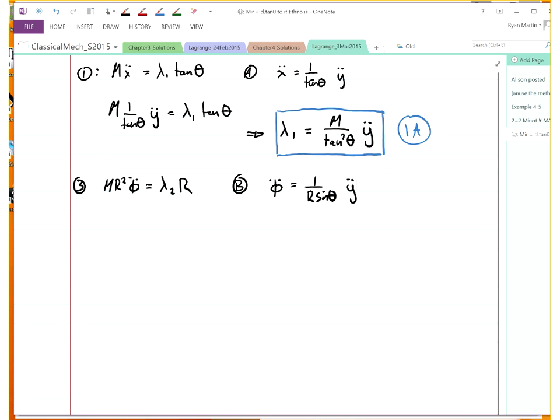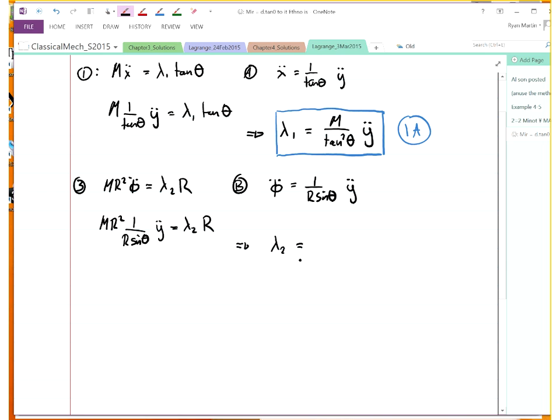So here again, I can get rid of the phi double dot in favor of the y double dot. So I have m r squared, and for the phi double dot, I'm going to write that as 1 over r sine theta y double dot. That's got to equal lambda 2 times r.